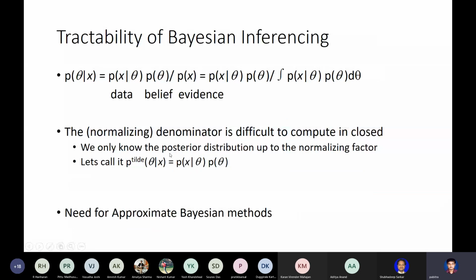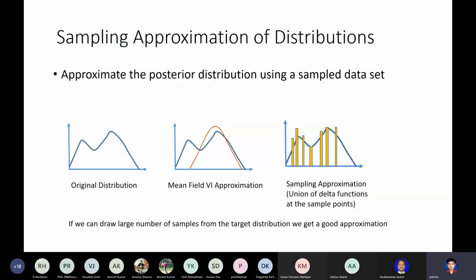So just for the sake of notation, I'll write it as just p(x), some distribution p(x). So if you can draw a large number of samples from the original distribution p(x), sometimes called the target or the desired distribution p(x), then we can express it as an approximation in the following form.